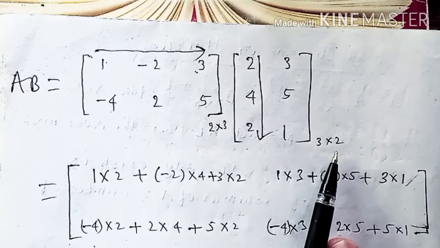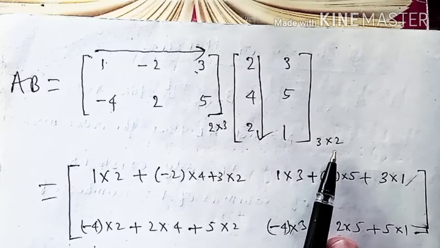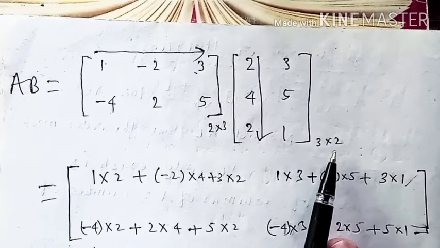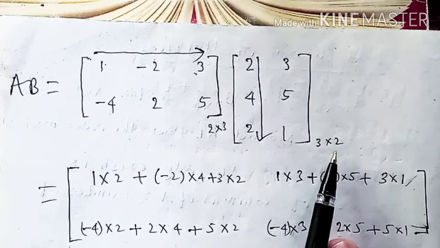Suppose we have to write aij of the product matrix, then we have to multiply the ith row of the first matrix with the jth column of the second matrix, and then we add.